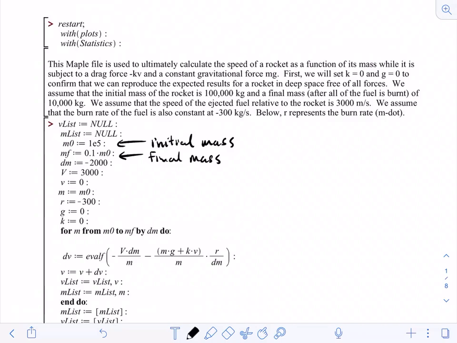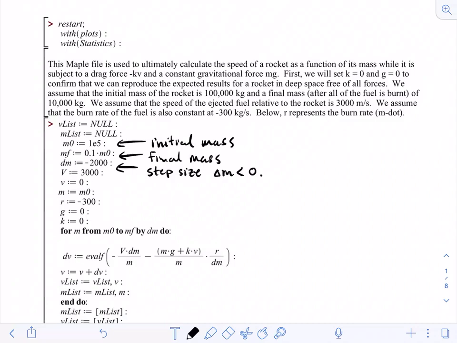It looks like we chose 100 kilograms for our rocket, so we're going to assume that 90% of that is fuel. This is the step size delta M, and you'll notice that it's negative. So it's minus 2,000 kilograms.